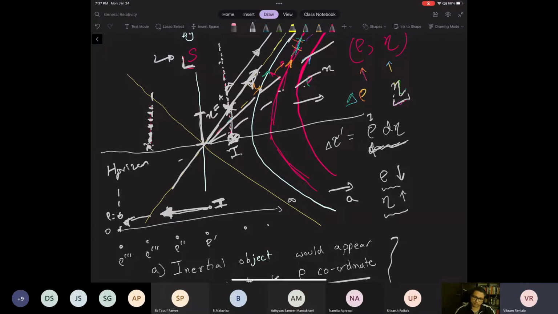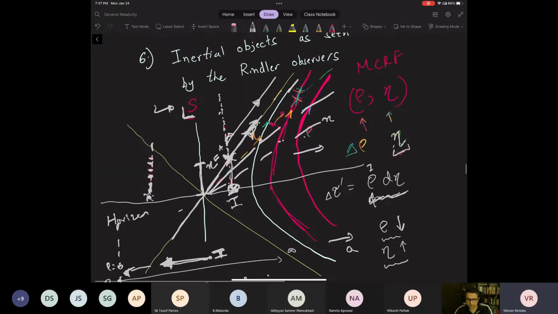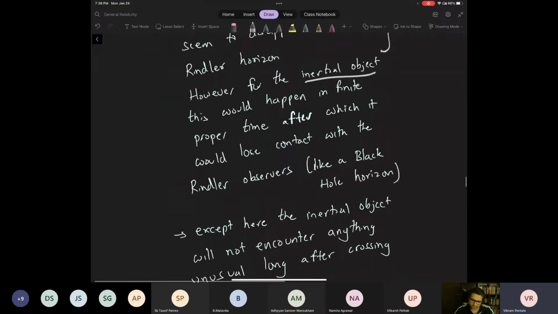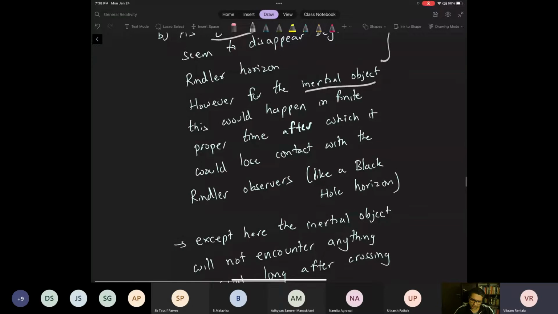But once they cross this point, they have no way of communicating with any of these Rindler observers, because all of these observers are accelerating so fast that no signal will ever reach them from this inertial observer. This would happen in a finite proper time, after which they would lose contact with all the Rindler observers.